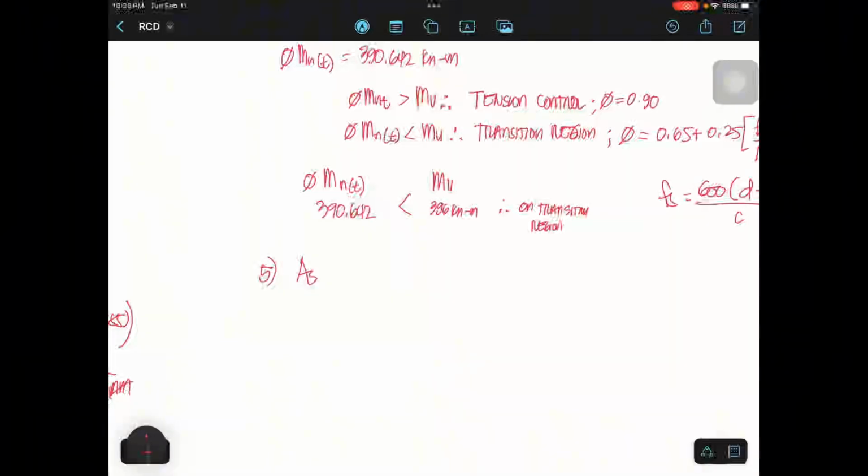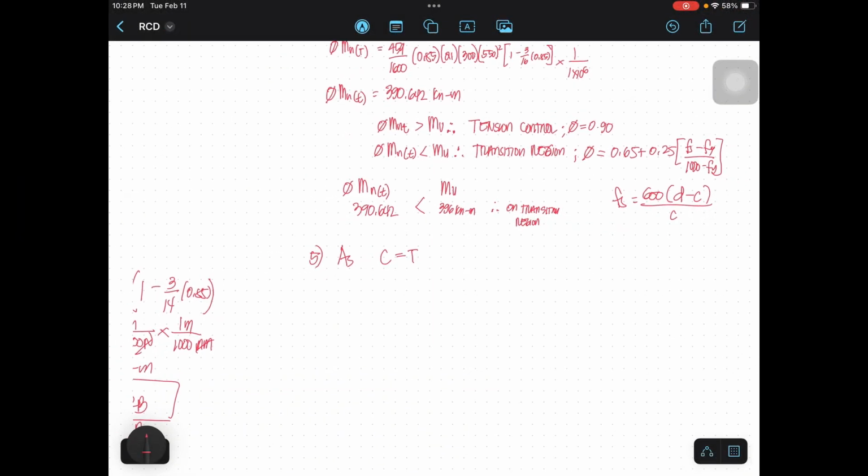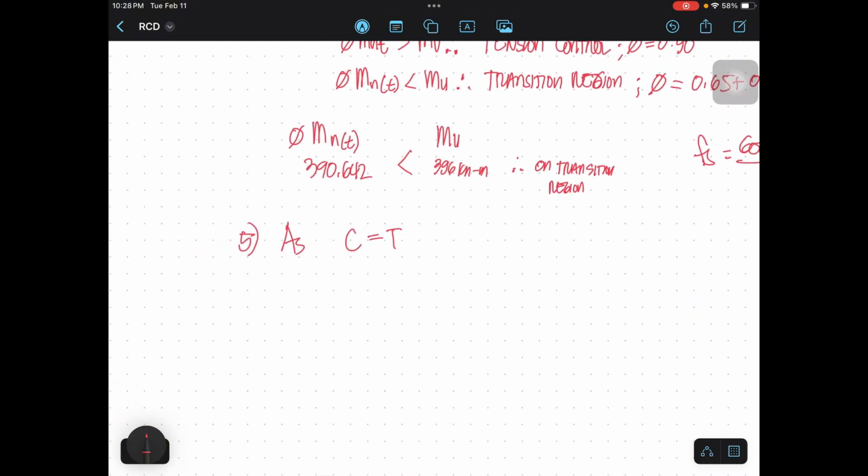Okay, so in order for us to determine the As, we can solve it if we compare the compression over the tension. Okay, however, before we do that, we have to first determine the various variables such as the depth of the compression block, distance from the neutral axis, tensile strength of steel reinforcements, and so on.